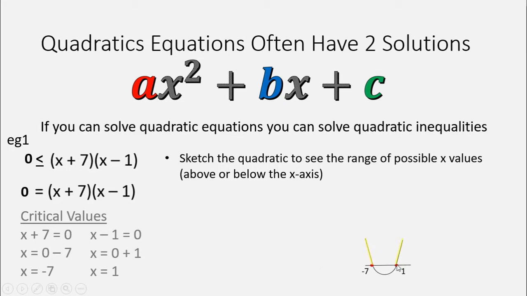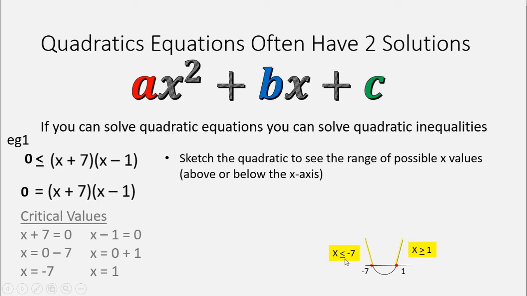And we're looking at the x values on the other side of the critical value 1, which goes up and out to the right. So the x values that are bigger than +1. So this quadratic inequality gives us two distinct inequalities as our answer. The ranges of possible values for x are either greater than or equal to 1, and I say or equal to because our original inequality includes the boundary value, or less than or equal to -7.